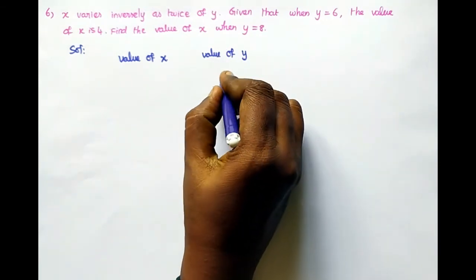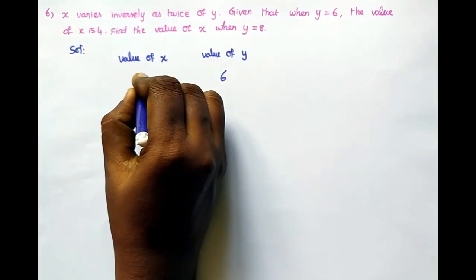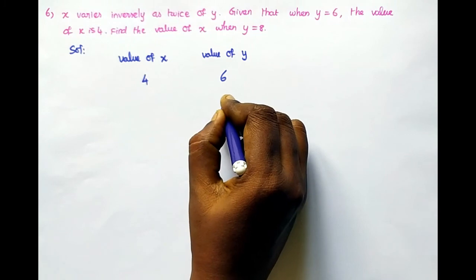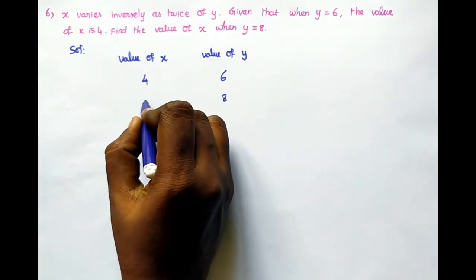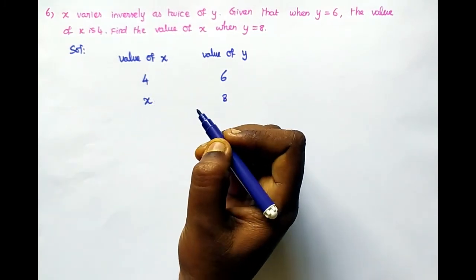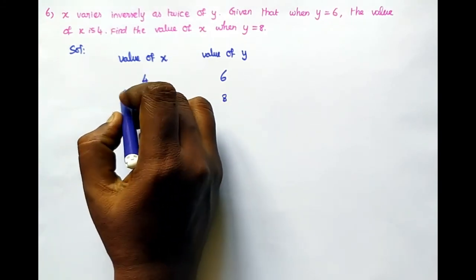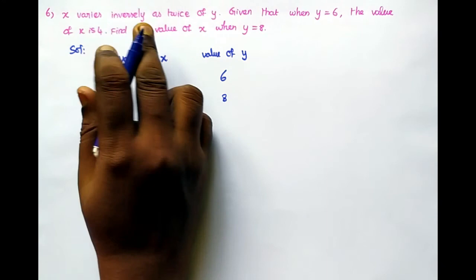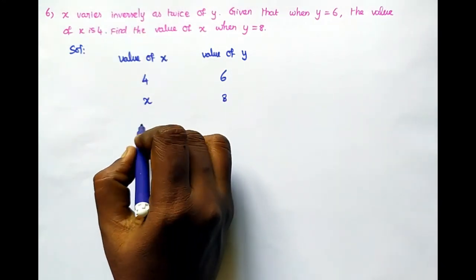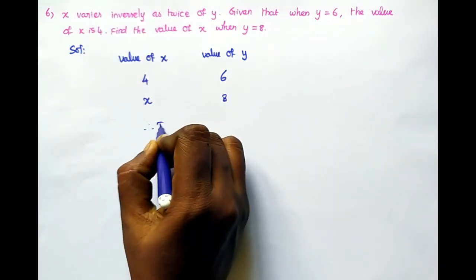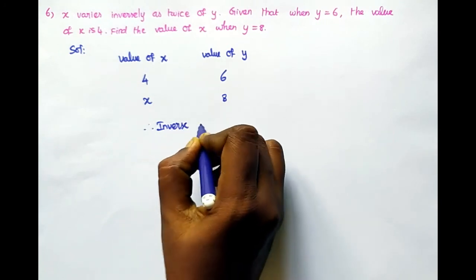When y equal to 6 means x equal to 4, then y equal to 8, what is the value of x? Let it be x, that is inverse, they given varies inversely, inverse proportion.